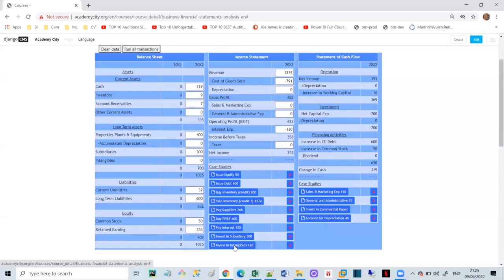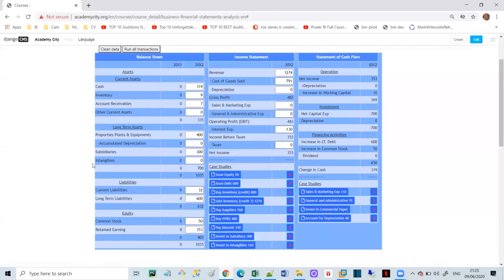Let's say I'm a car manufacturer, and I buy a patent on how to manufacture my engines in a better way. That should be reflected in the future. But the investment itself should reduce my cash and increase my long-term assets.